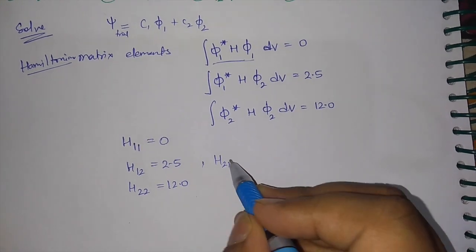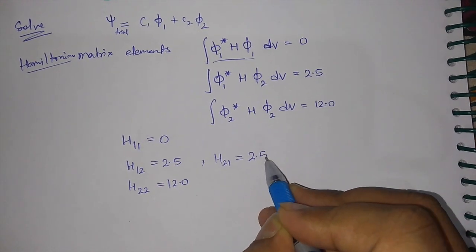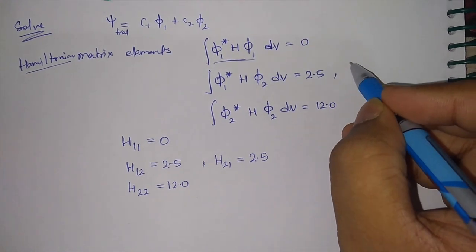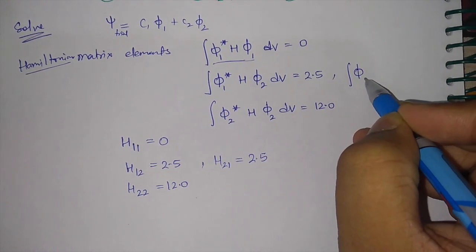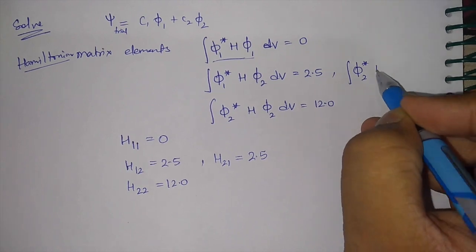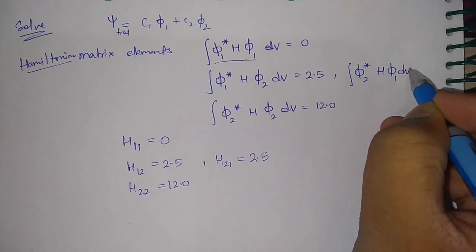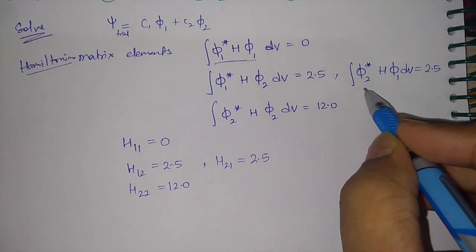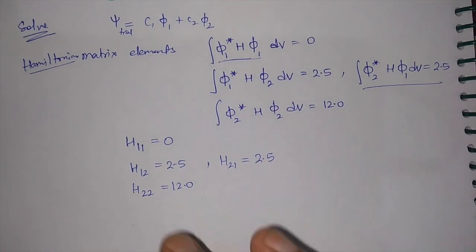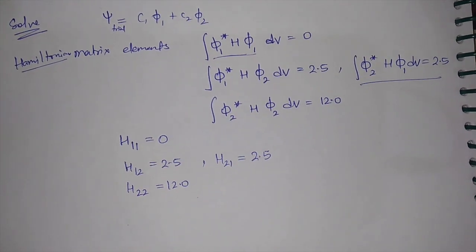So H21 will also be equal to the same value, 2.5. That means the integral of phi 2 star H phi 1 dv will also be equal to 2.5. So now you have all four values.